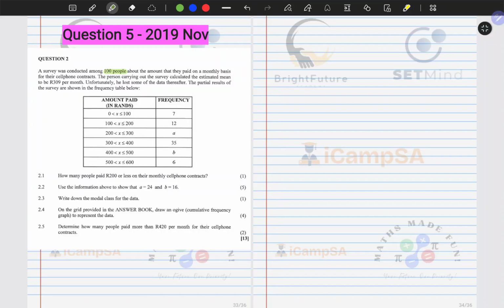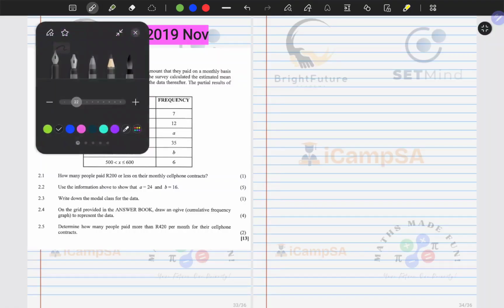The person carrying out the survey calculated the estimated mean to be 309 per month. Unfortunately, they lost some of the data thereafter. The results of the survey are shown in the frequency table below.